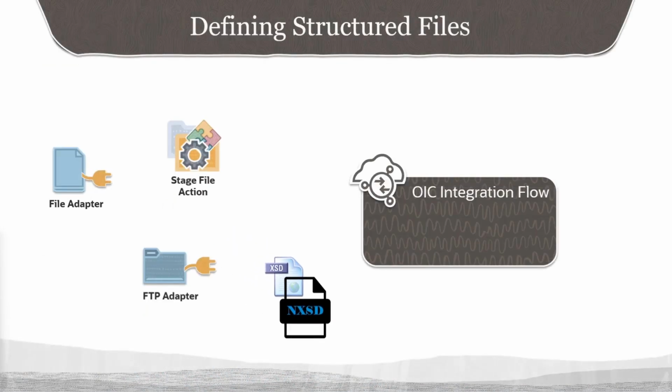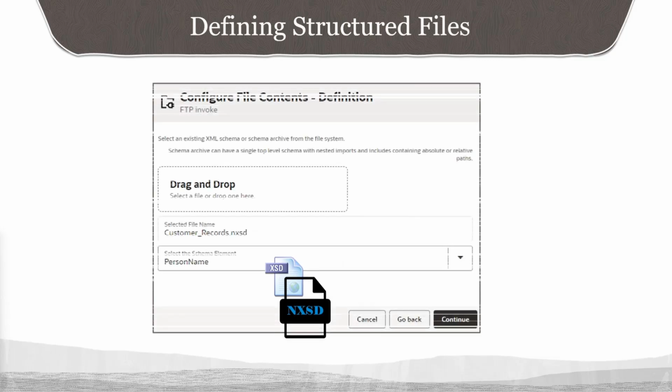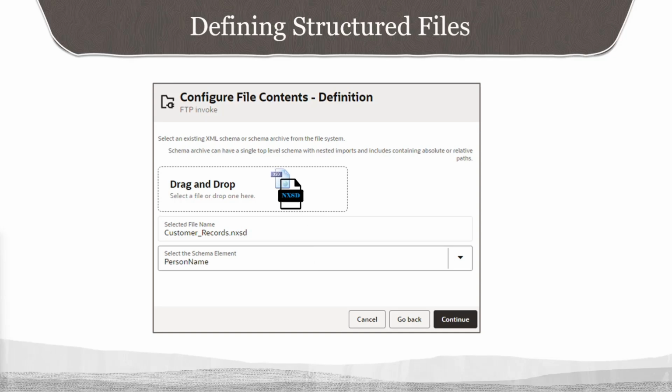So let's get back to how this will be used in your integration flow. When you're looking to define the schema, since this is a valid XML schema, you select the XSD document option, and when you click continue, on the Configure File Contents page, just upload the in.xsd file you created, then select the appropriate schema element, and you're all set.